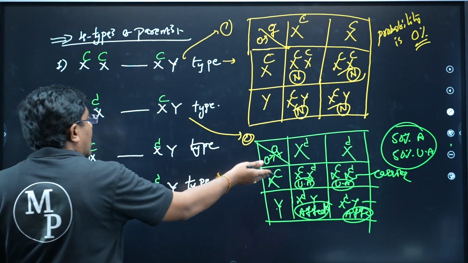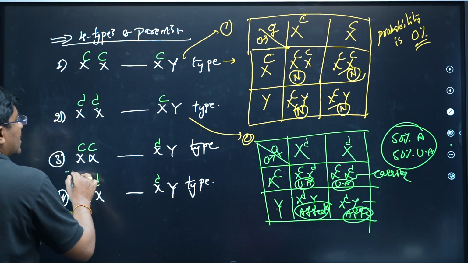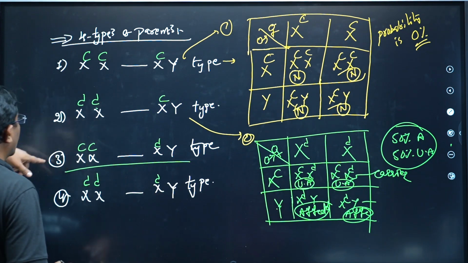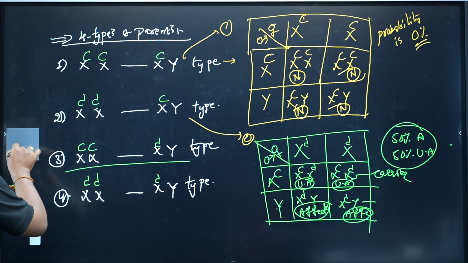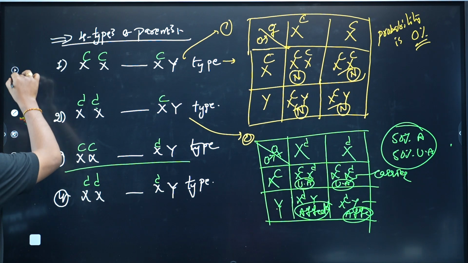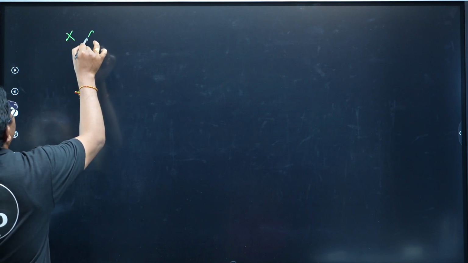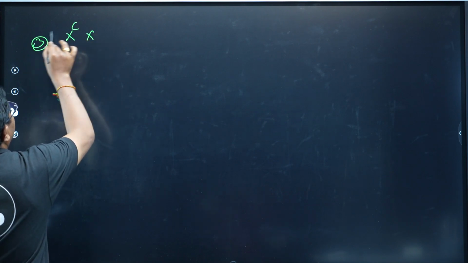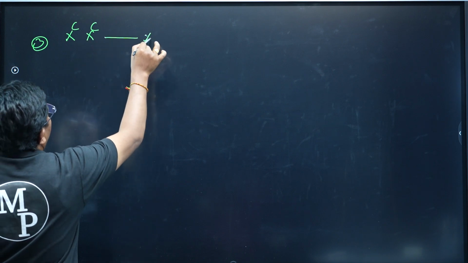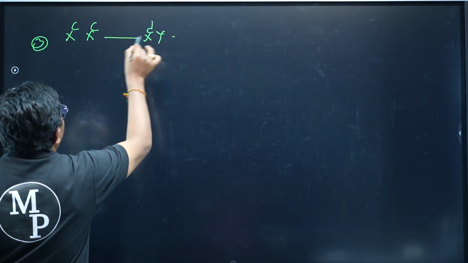Next, the third one. We'll draw this in another slide. Mother is normal, father is affected. This is the third type.